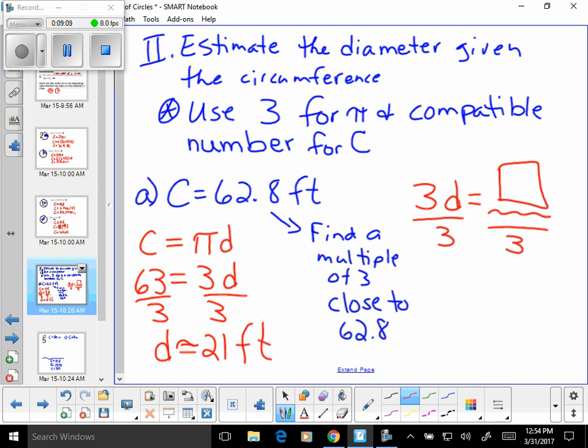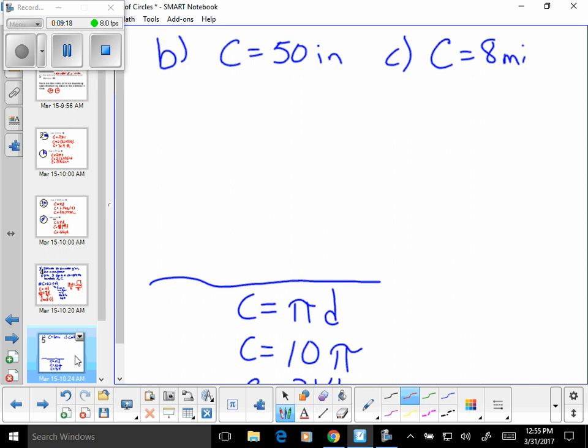Now if you want to use approximation signs in here, that's okay too. That kind of tells the reader that you are estimating. So let's try B. In B, they are going to give you circumference equals 50 inches. We want the diameter. Circumference equals pi d. We use 3 for pi.